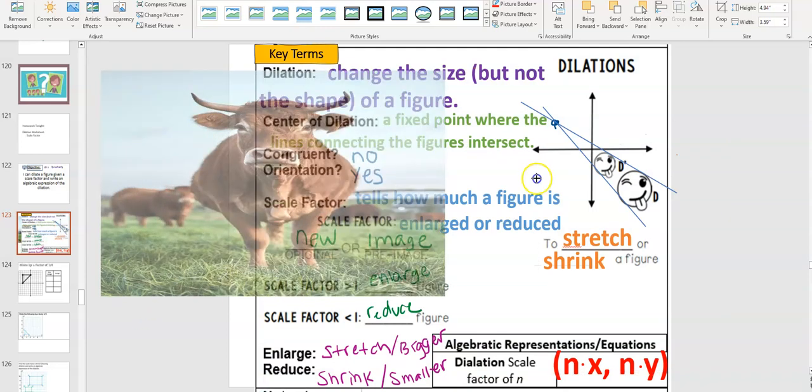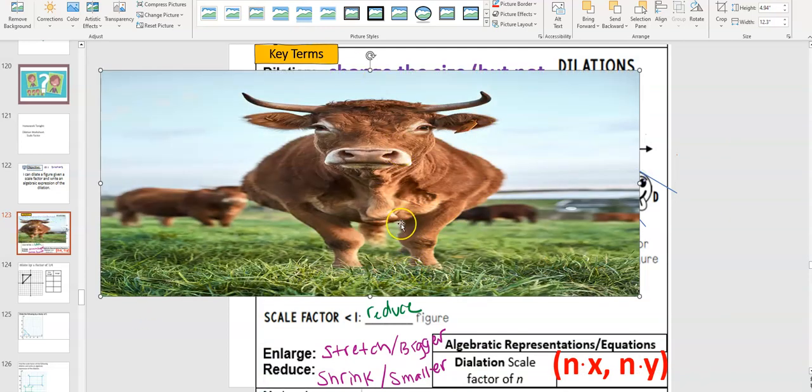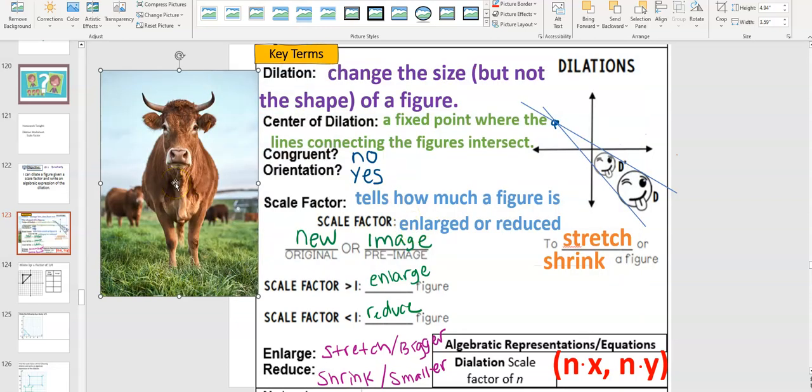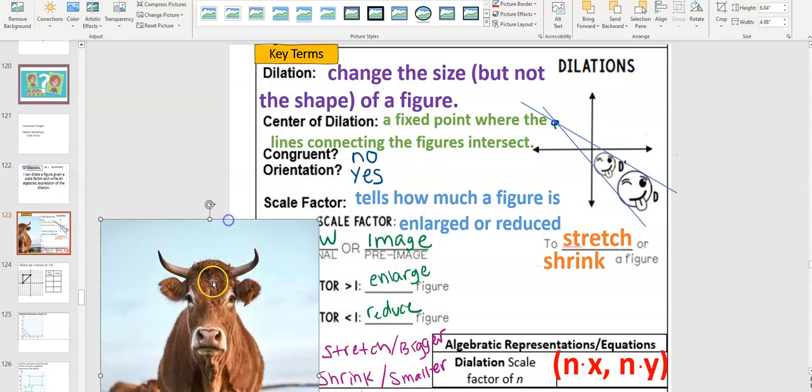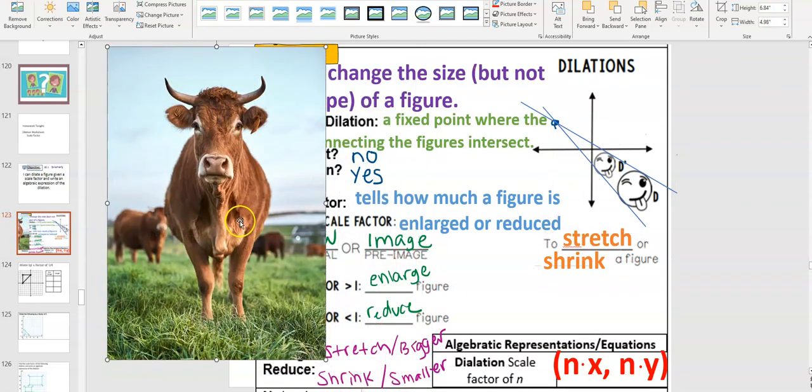If I'm doing this, then I'm changing the dimensions of my image, and it is not congruent to the original image or even the same shape. With a dilation, our image is the same as the original one. It's just changing size. It's still the same image.